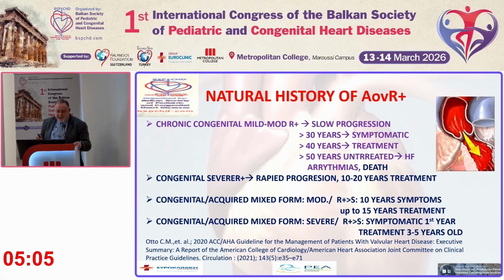In congenital severe regurgitation, we have a rapid progression, and the treatment must be done in the first 10 or 20 years of the patient. In the congenital acquired mixed form that can be moderate, with more regurgitation than stenosis, in 10 years we have symptoms, and up to 15 years we need to have treated all these patients.